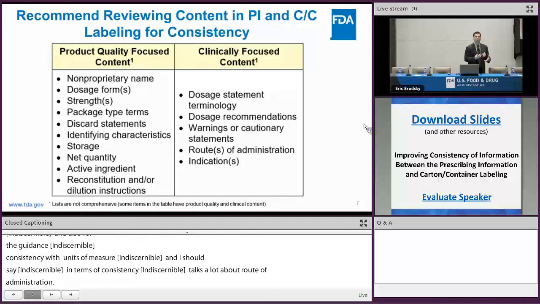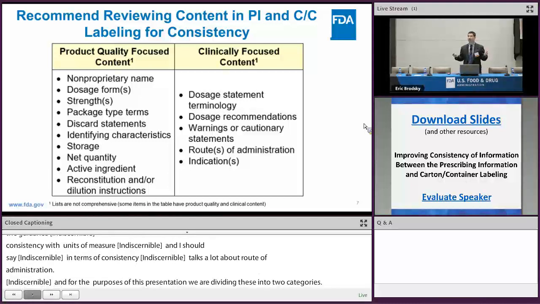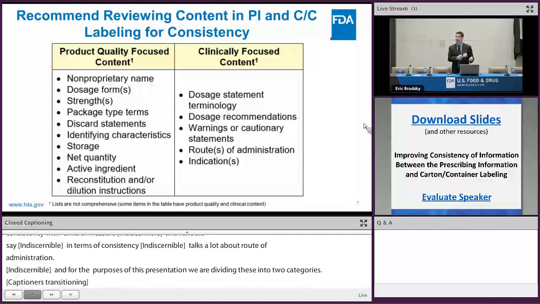So this is really more for the purposes of this presentation. But we have seen, when we've looked at carton container labeling and the prescribing information, that for all these elements, both product quality focused and clinically focused, we've seen differences, and I would say inappropriate differences.